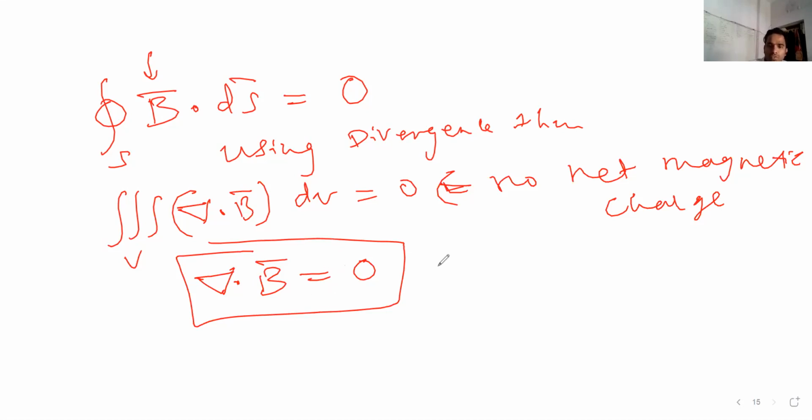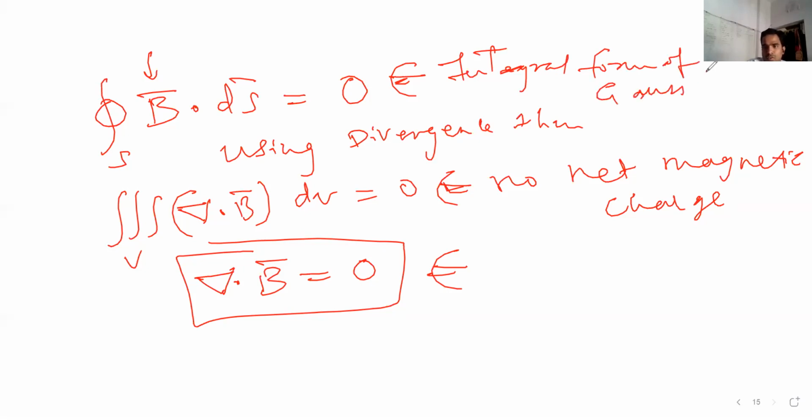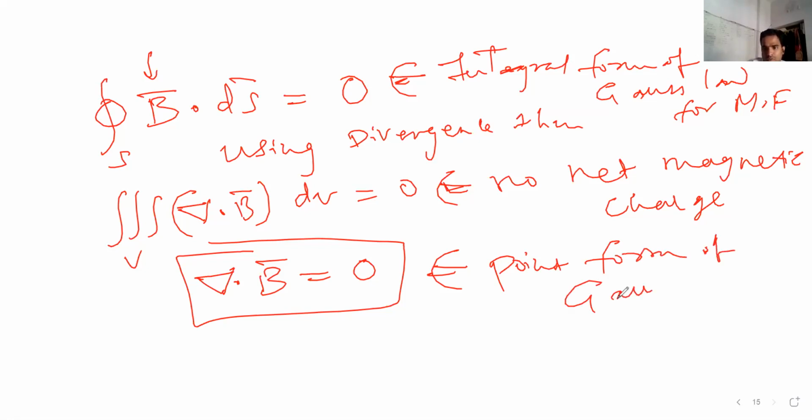This is the integral form of Gauss law for magnetic field, and this is the point form of Gauss law for magnetic field.